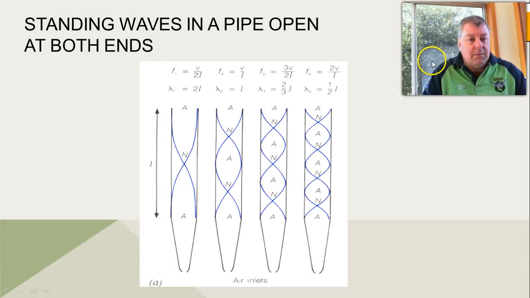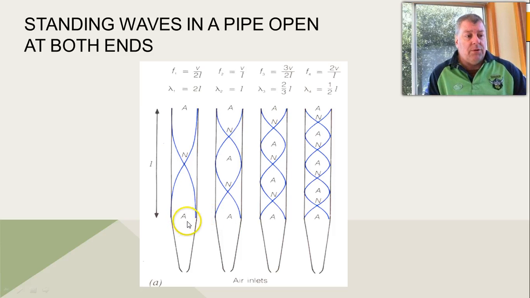I think the next slide's a little bit better. I forgot to mention, what sort of situations do we get standing waves in pipes? Well, pipes open at the ends are things like a flute or an organ pipe, all the musical instruments, clarinets, sirens, whistles that you blow on.